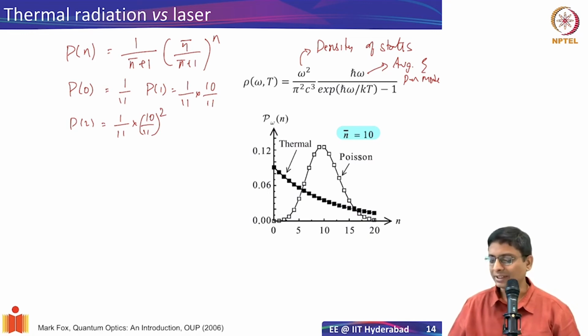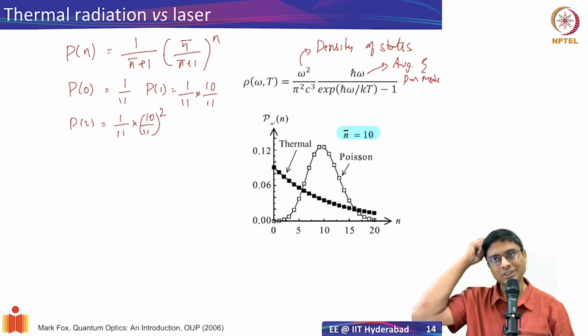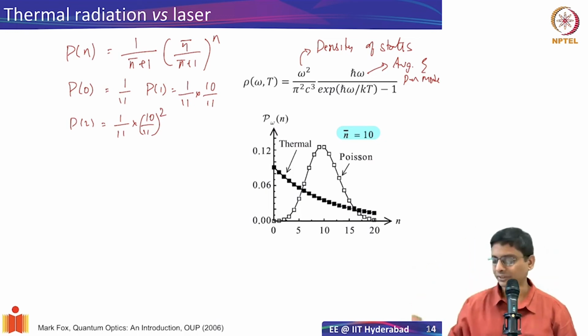That is also obvious because, if you look at this expression closely, this particular term is my number of photons. You can compute it at different temperatures, and as the number of photons increases, the whole thing will reduce. So the probability reduces.